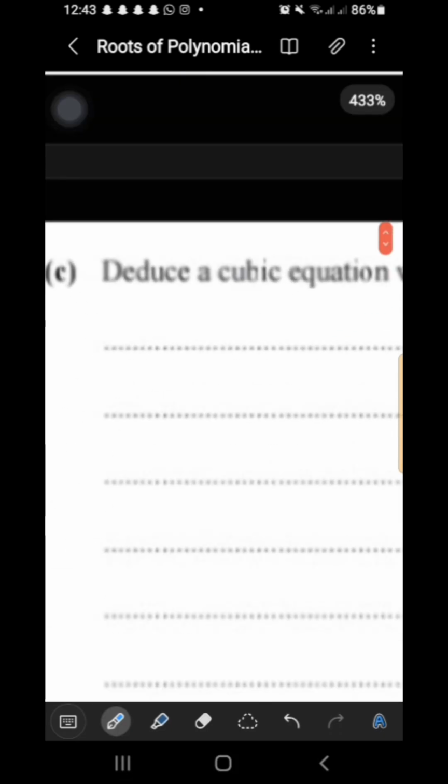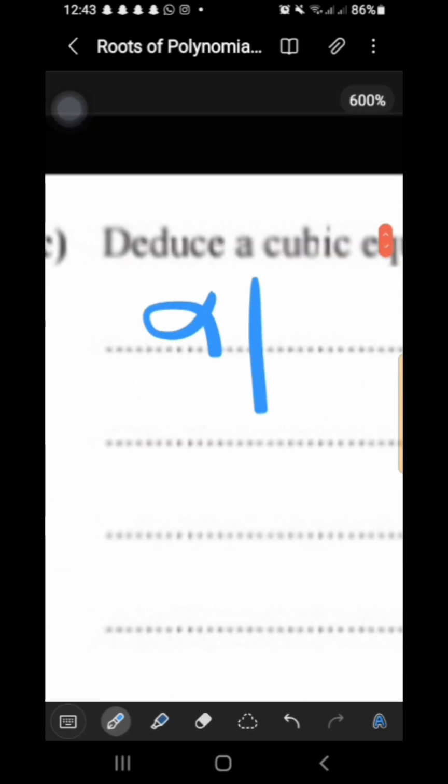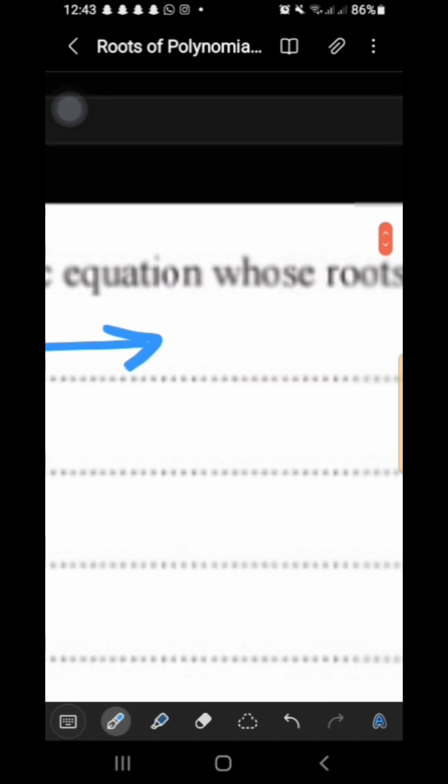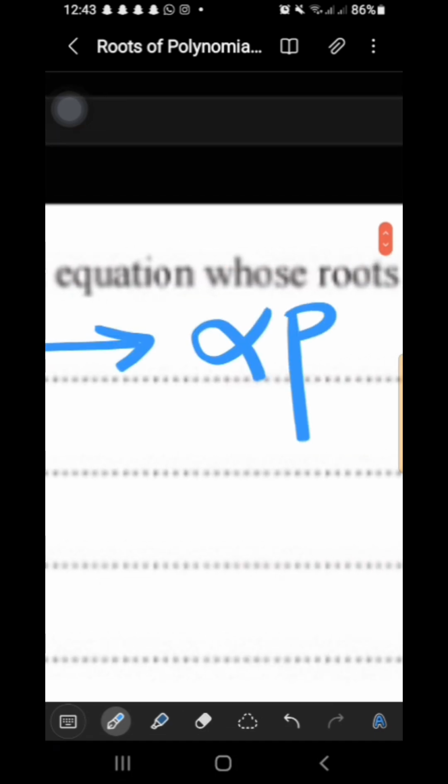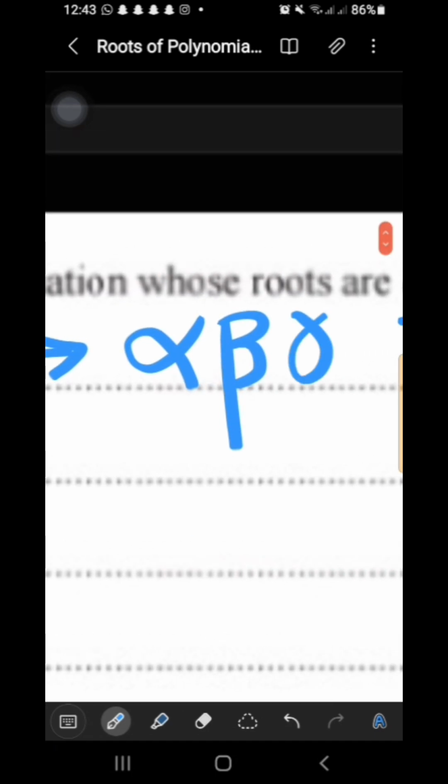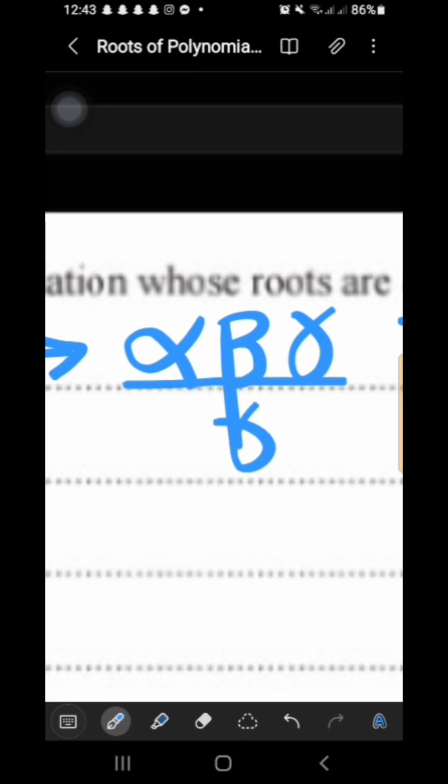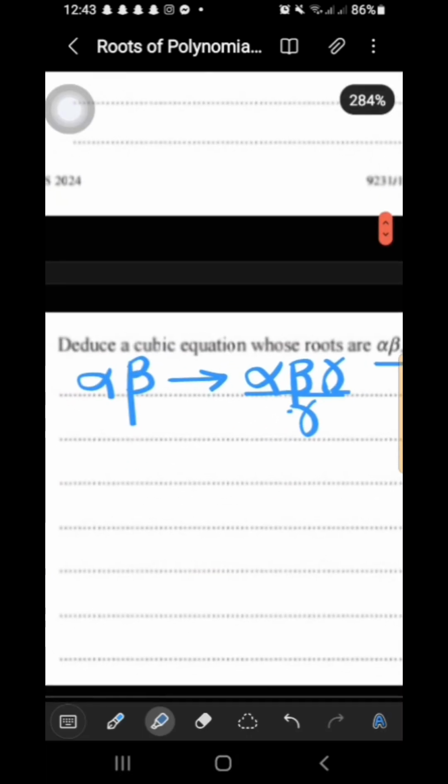You can see that alpha beta can also be written as alpha beta gamma divided by gamma. Gamma can be cancelled by gamma and it will remain alpha beta.